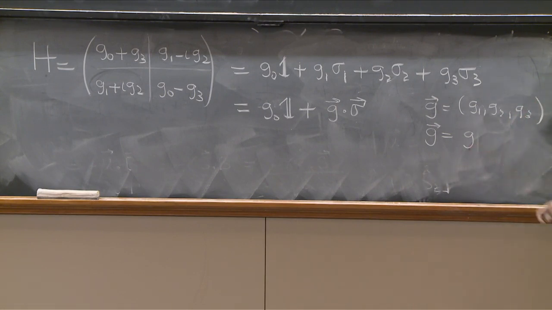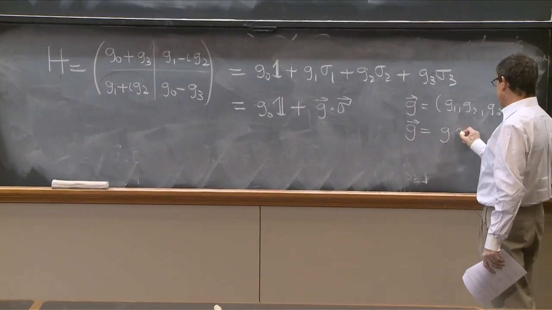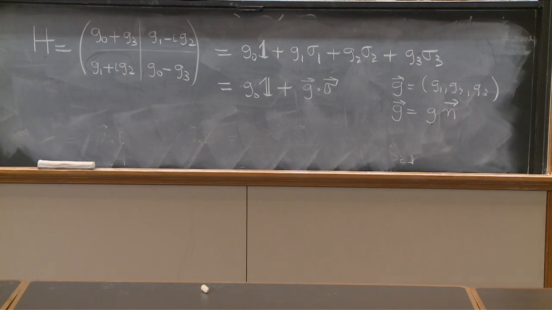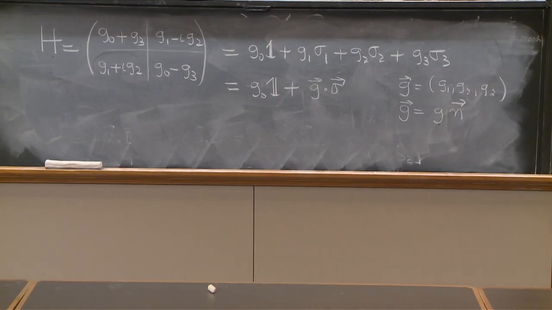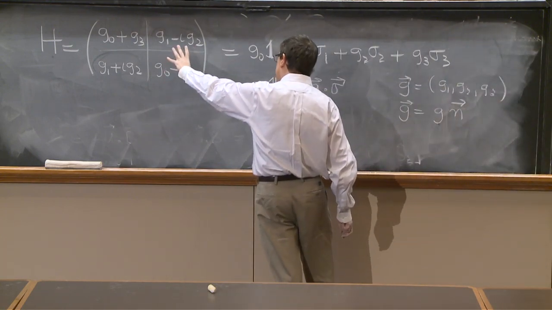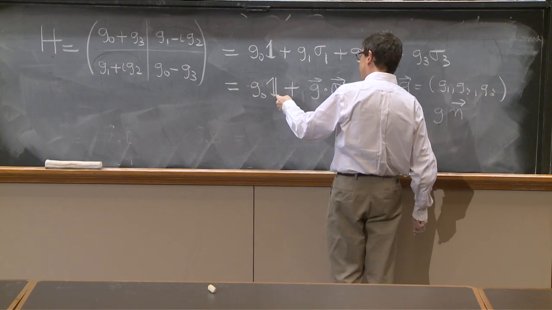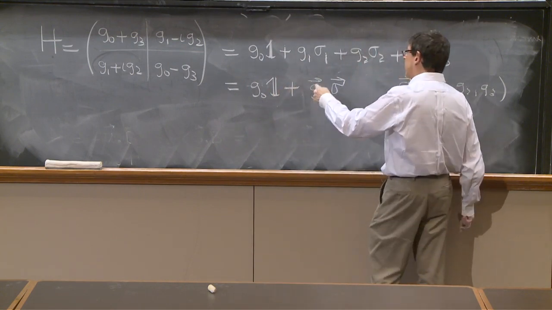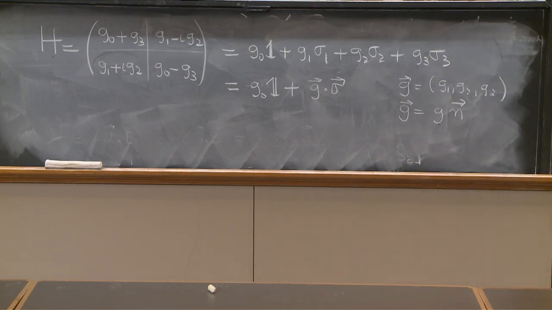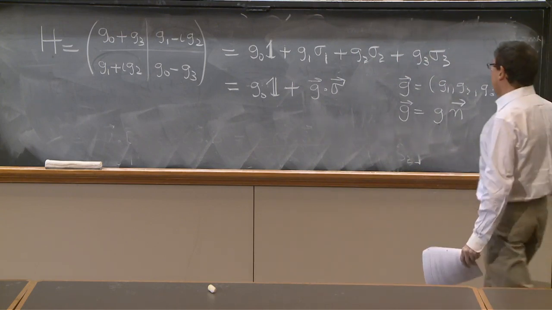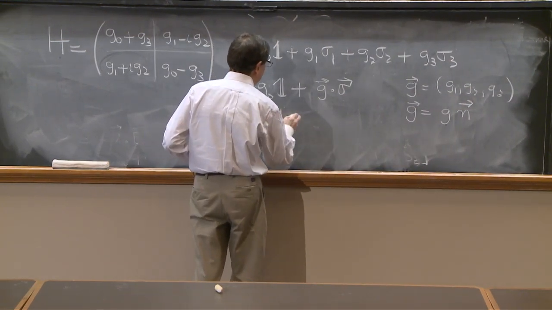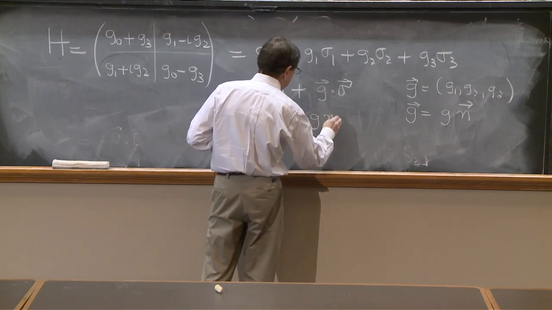So G without an index is going to be the magnitude of the G vector, and n is going to be a particular unit vector. So you're talking about the most general Hamiltonian, and you're saying it's most easily understood as G0 multiplying the identity and a G vector multiplying the sigma vector. On the other hand, G is this, so this is also G0 times 1 plus G times n dot sigma.